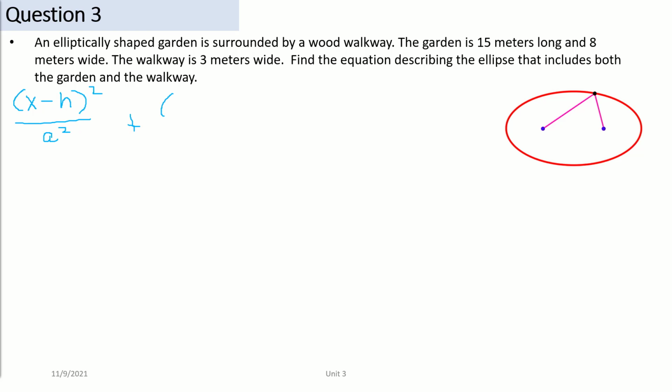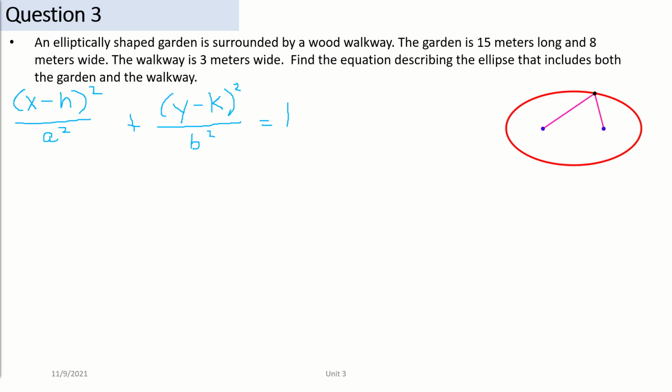So other students could have a different answer, and both could be right. So the way that I sketch it, the longer axis, the major axis, is in the direction of the x-axis. So I start with x minus h squared over a squared plus y minus k squared over b squared equal 1. And it doesn't really matter the order because addition is commutative.